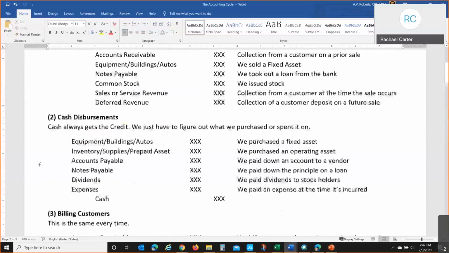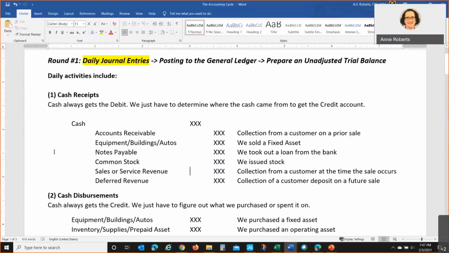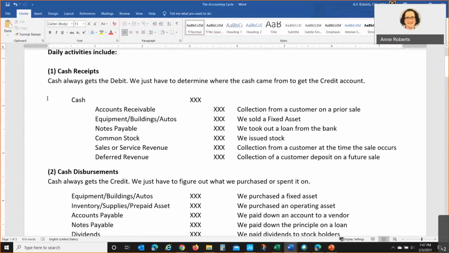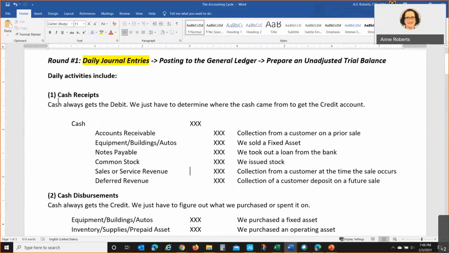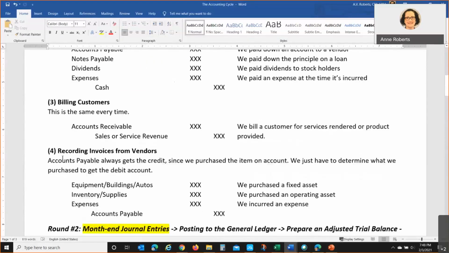Well, here's the thing. Don't let it be overwhelming. On the exam, the biggest thing you're going to do is this part 1, because we did need to go over rounds 2 and 3 with chapter 4. But keep in mind, the only things on the exam are cash receipts, cash disbursements, billing customers, and recording invoices from vendors.